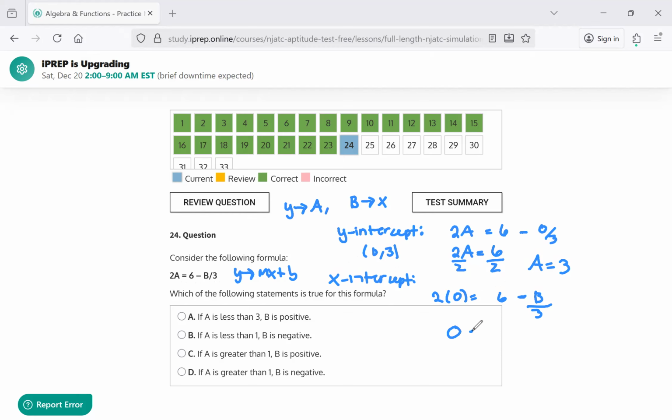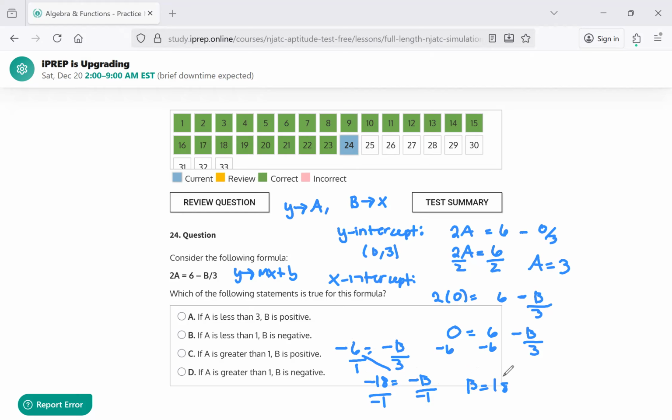So it's 0 equals 6 minus b over 3. And then subtract 6. You get negative 6 equals negative b over 3. Cross multiply, that's negative 18 equals negative b, and then get rid of this negative by dividing both sides by negative 1. You get b equals 18.